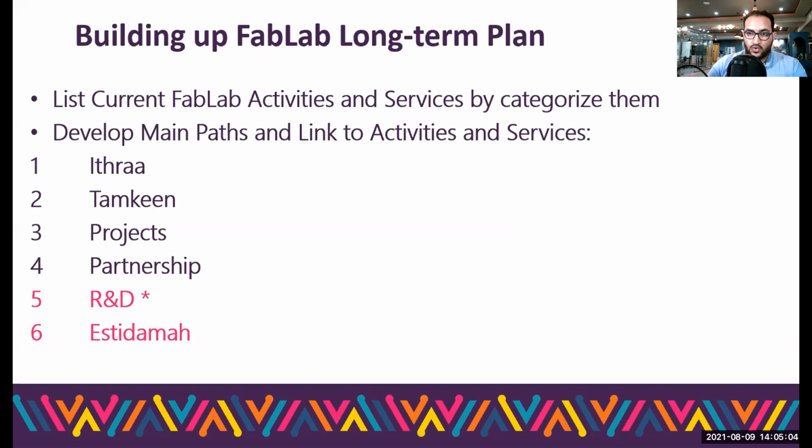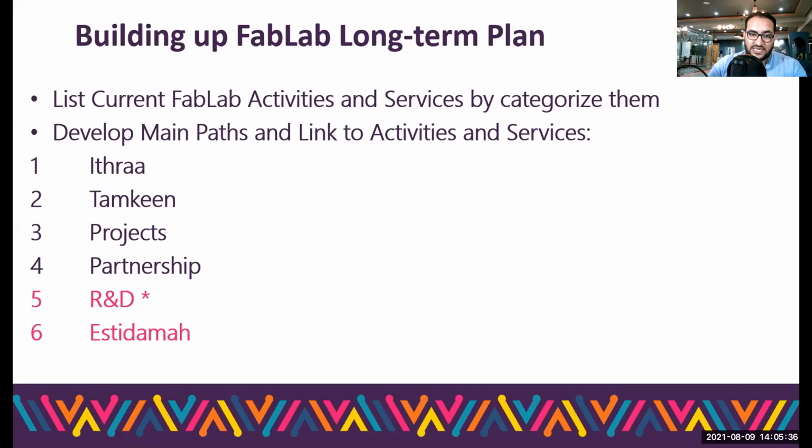And we add 2 new paths. One of them is the R&D path, research and development, with 2 main parts under it. The goal is to have a research paper as part of this, and developing projects and studying them to improve them. This research paper is one of the results of this path.